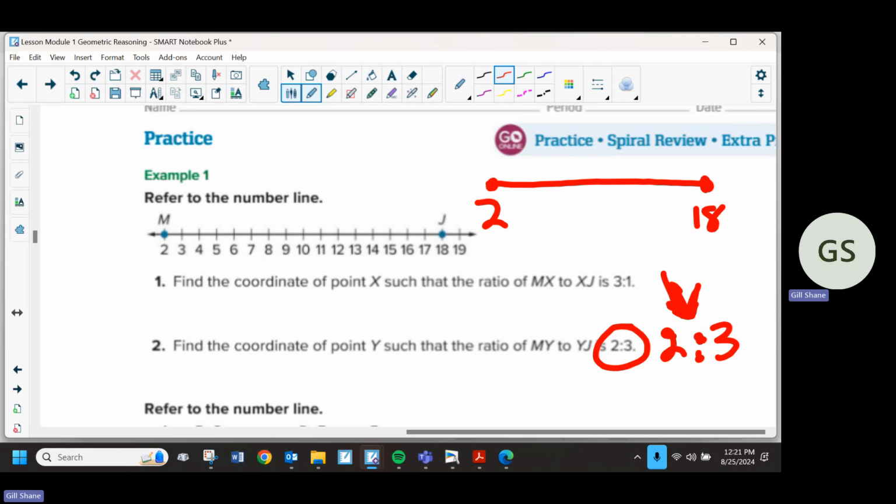So when we're going to do it the weights way, I have to flip it, and the weight of the first value would be 3. So the weight is 3. I'm flipping the ratio around and putting a 3 there and a 2 here.